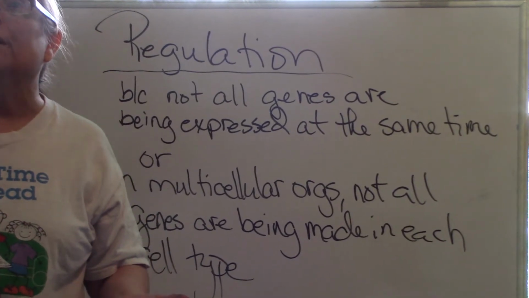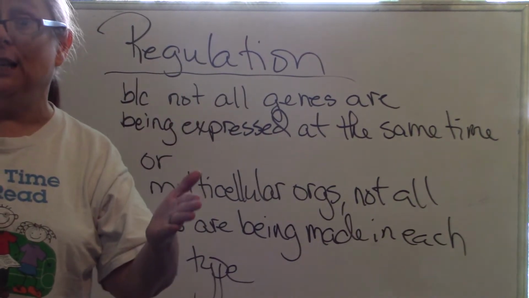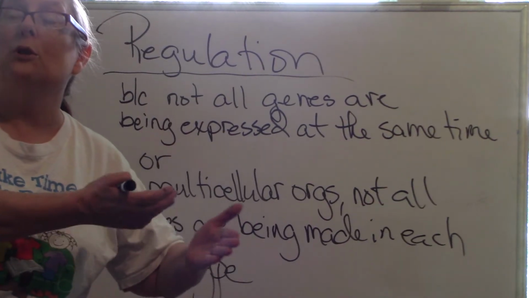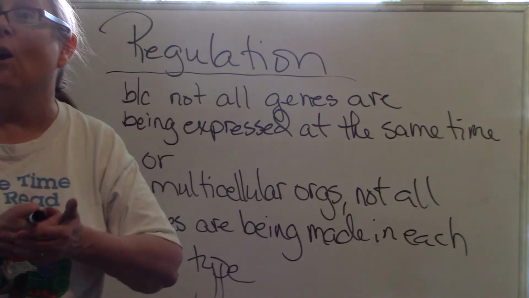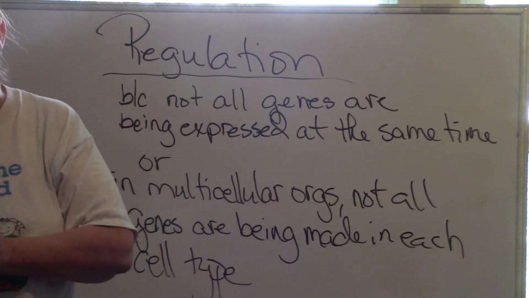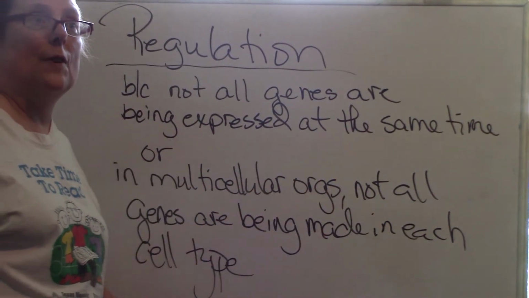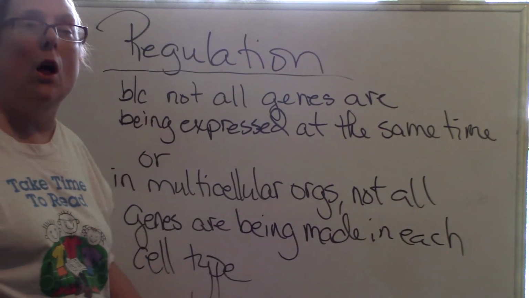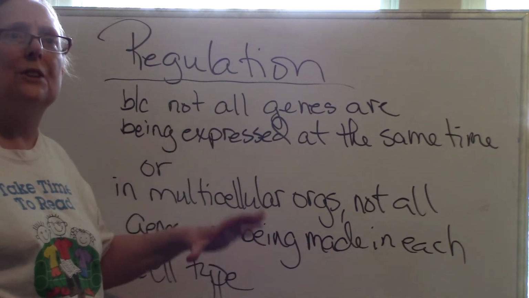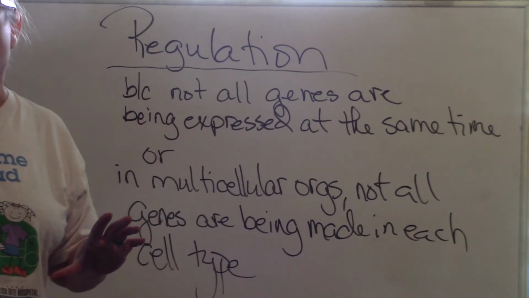How does this happen? This happens because different genes are turned on in different cells to make the proteins that make the cells what they are. So if we made all of our proteins in all of our cells, we would be one big multicellular glob of the same type of cell.